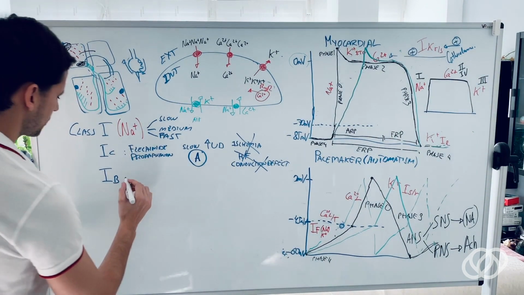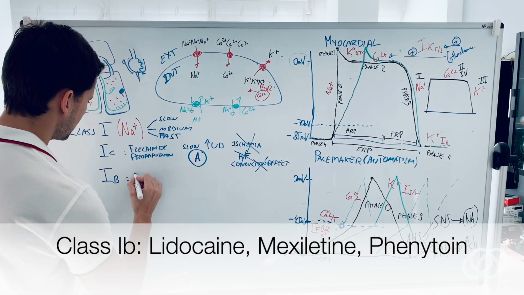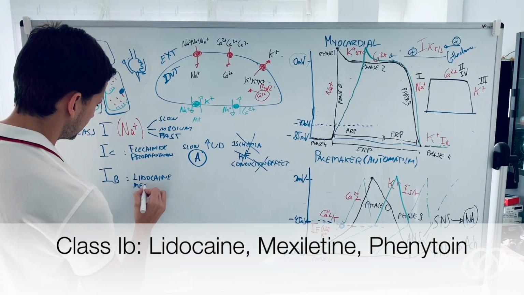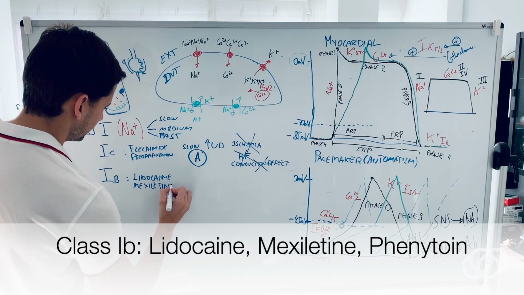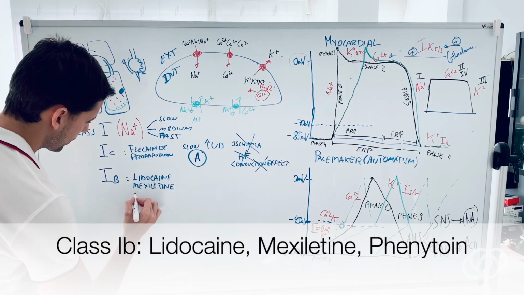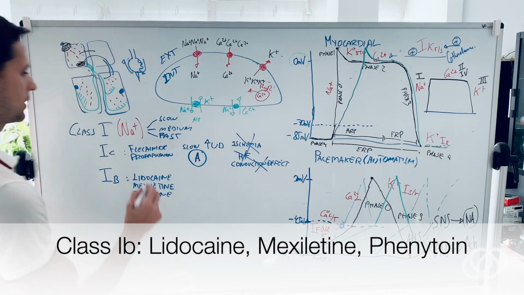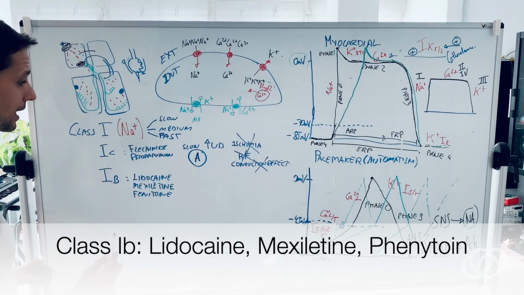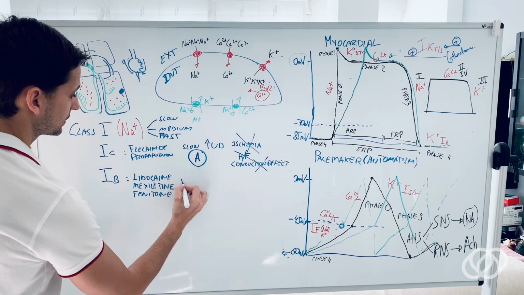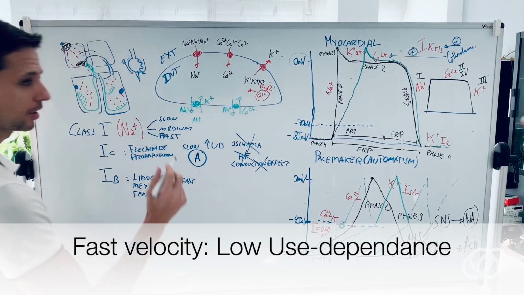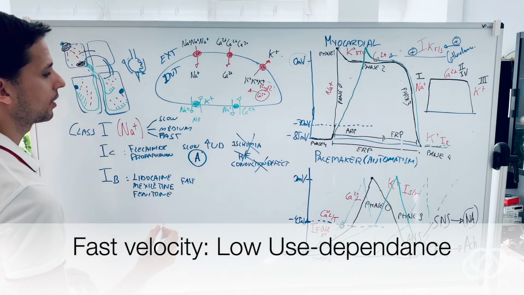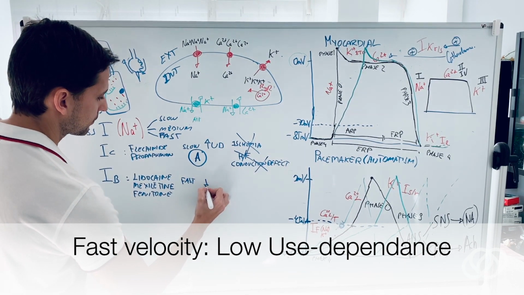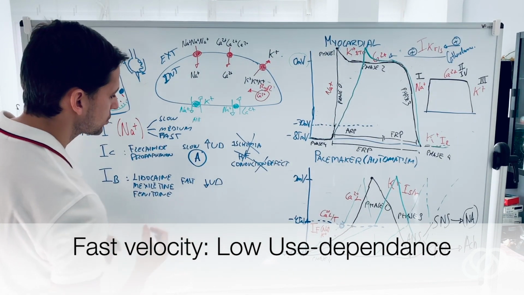For the 1B, we have some examples: lidocaine, mexiletine, and also phenytoin. In this case it is the opposite, so those are drugs that are very fast in the onset and offset of the channel, which means that they have small use dependence.